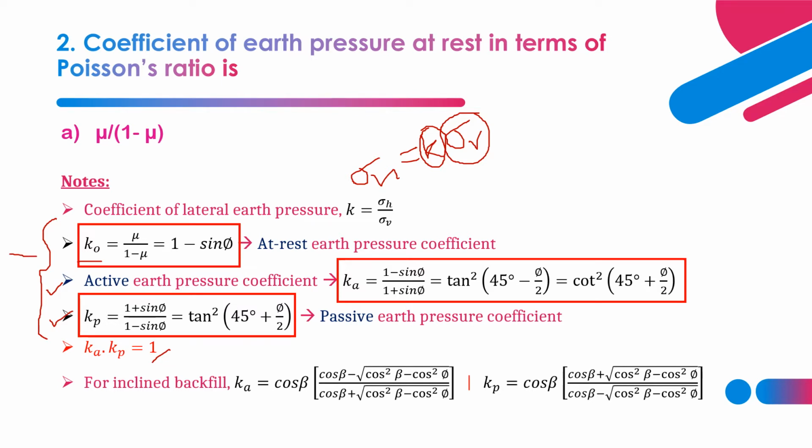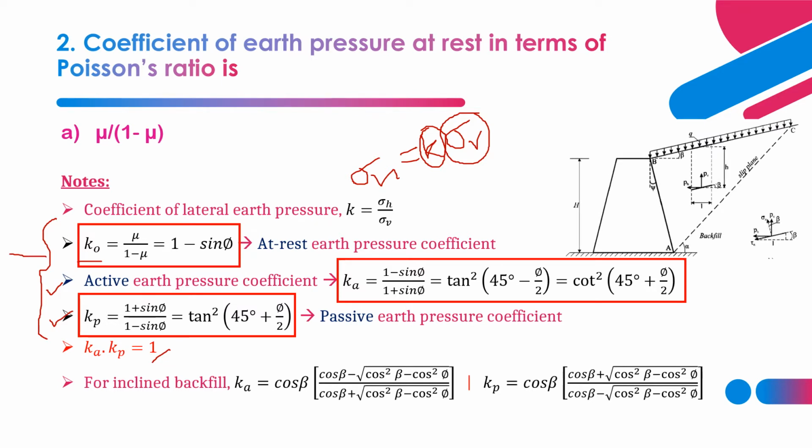The backfill is horizontal. When the backfill is inclined like this, so here you can see in this diagram, the inclination angle is beta with respect to horizontal. Then what will be the coefficient of active and passive earth pressure? Here you can see K is equal to cos beta into cos beta minus root of cos square beta minus cos square phi. So this term is as such, and this in the denominator also.